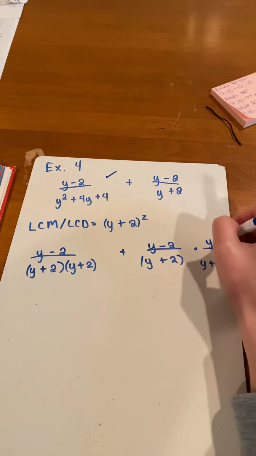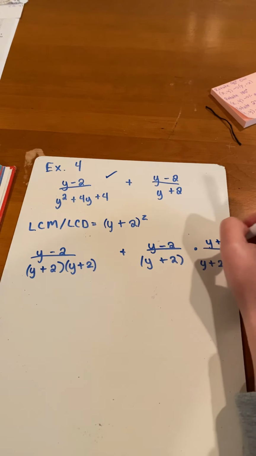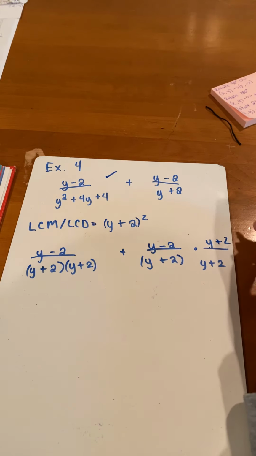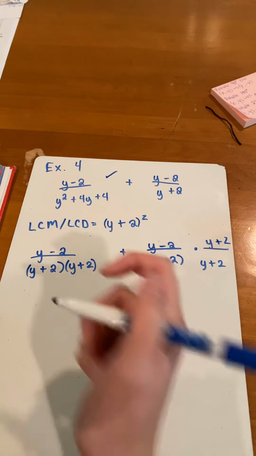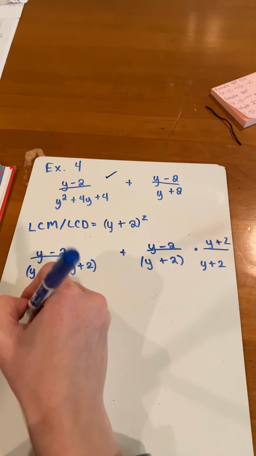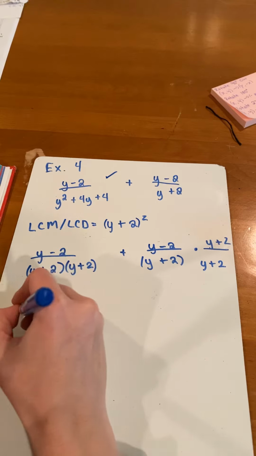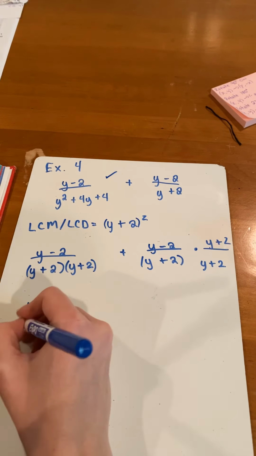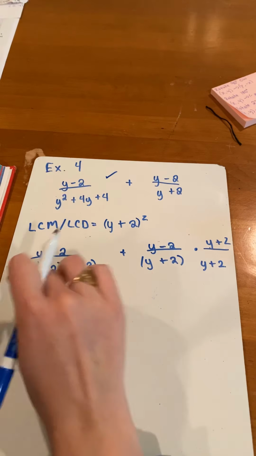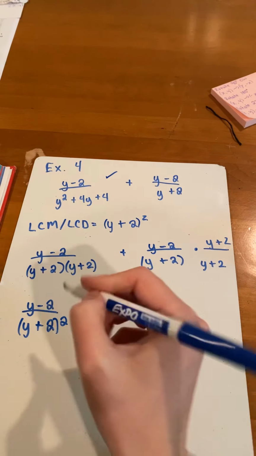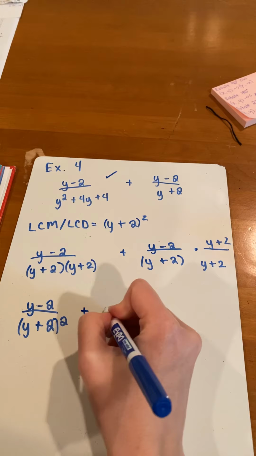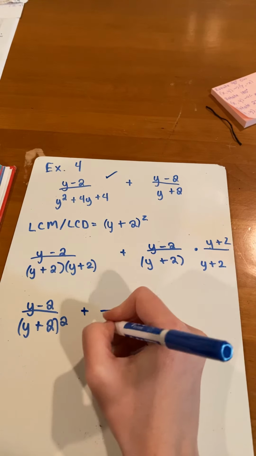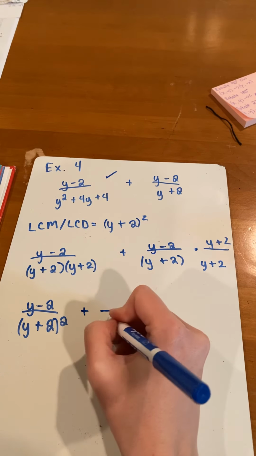That way it's the same as multiplying it by 1, and therefore not changing my problem. So we're going to rewrite it now. I have y minus 2 over y plus 2 squared, just because y plus 2 times y plus 2 is y plus 2 squared, plus, now this one has a denominator of y plus 2 times y plus 2, so y plus 2 squared.